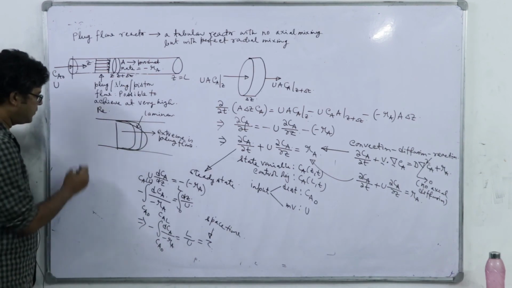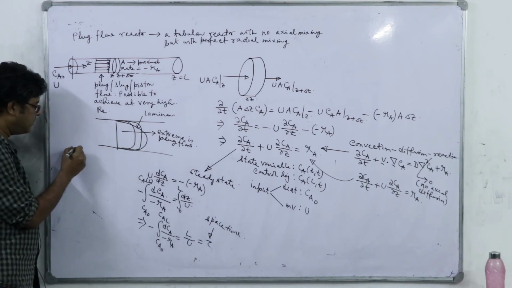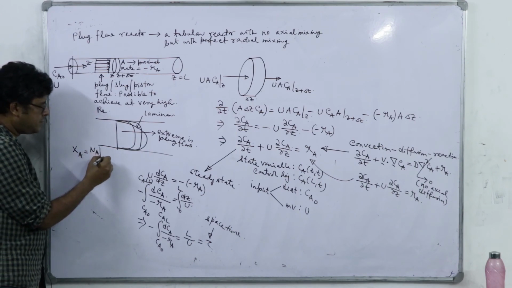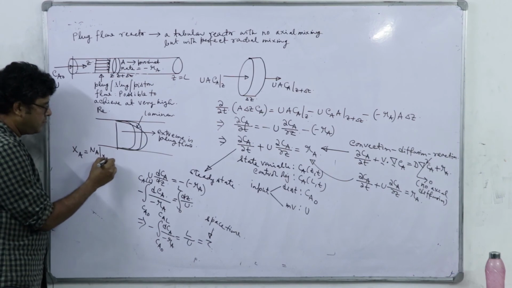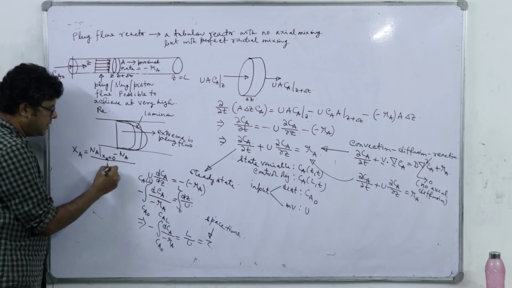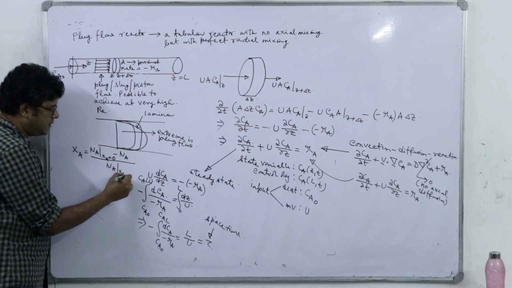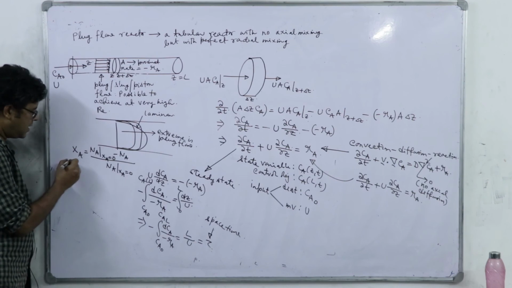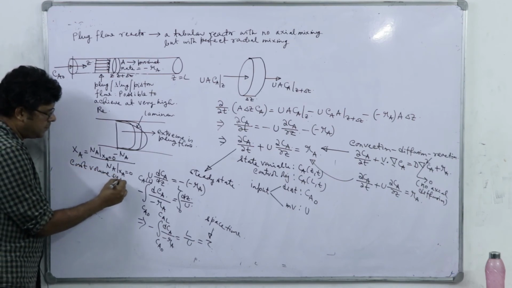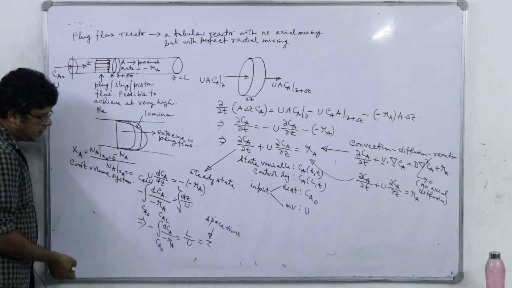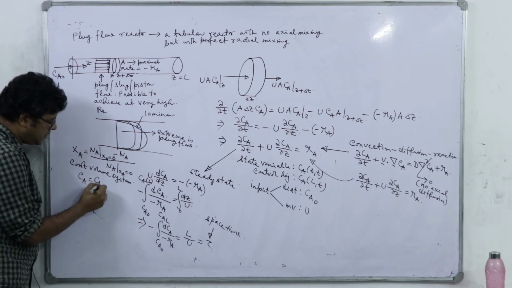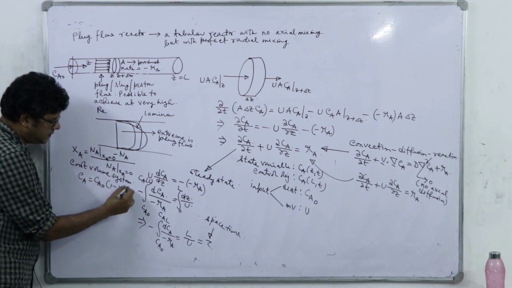And finally, if we write it in terms of fractional conversion XA, which is NA at XA equal to 0 minus NA, divided by NA at XA equal to 0, and let's say it is a constant volume system, it's a liquid, so CA equals CA0 into 1 minus XA.